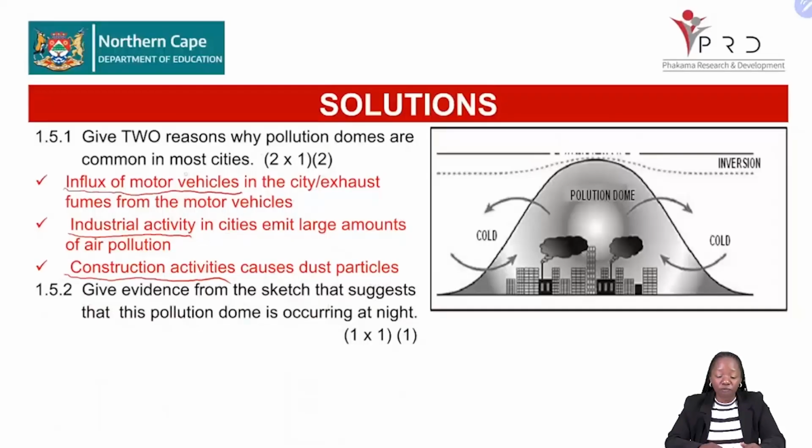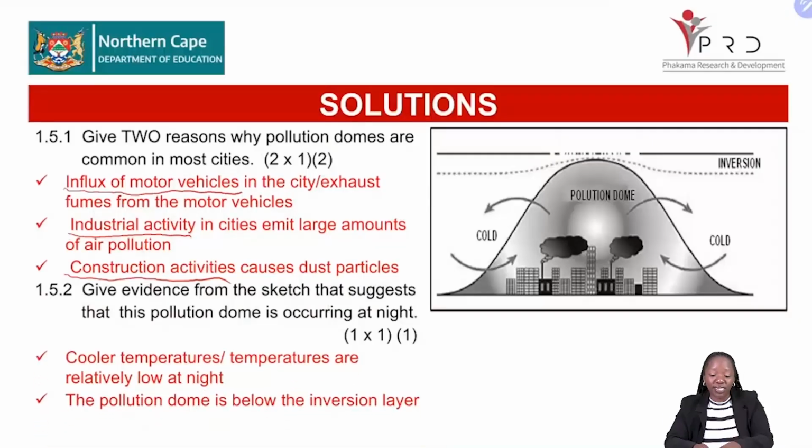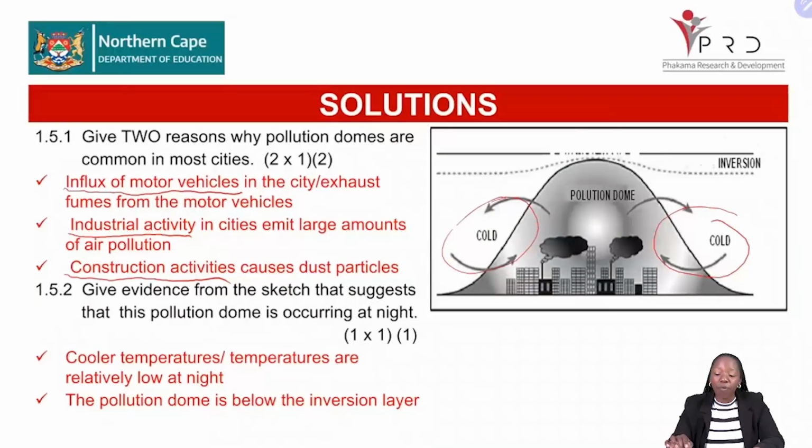Then for 1.5.2, you give evidence from the sketch that suggests that this pollution dome occurs at night. So number 1, the cooler temperatures are relatively low at night, as you can see.